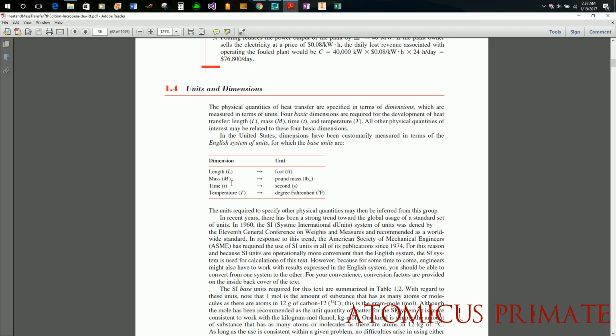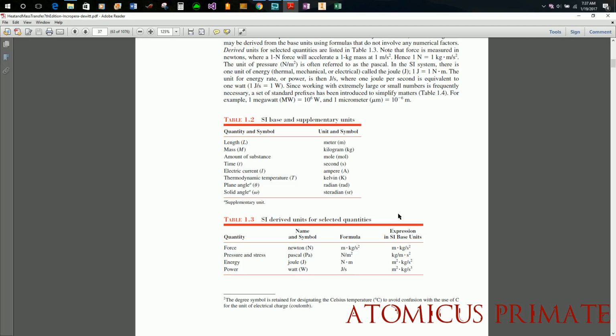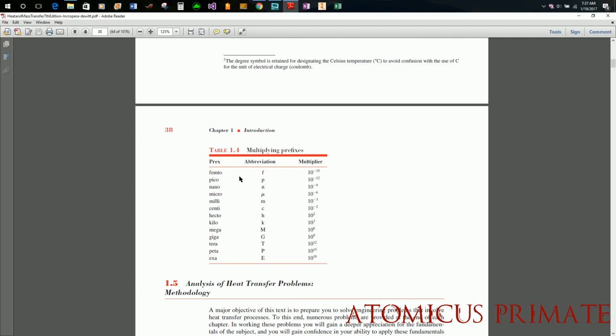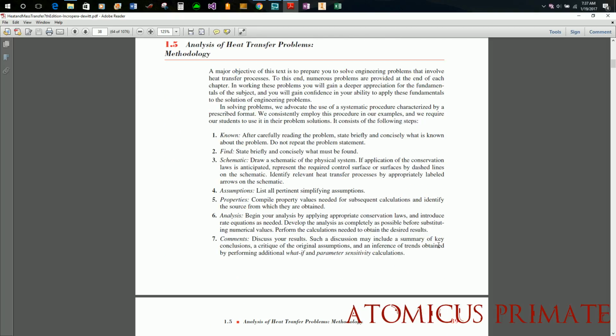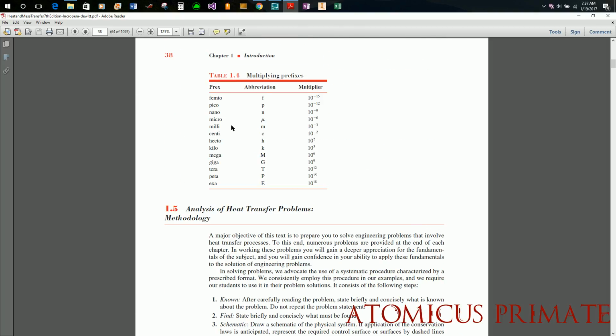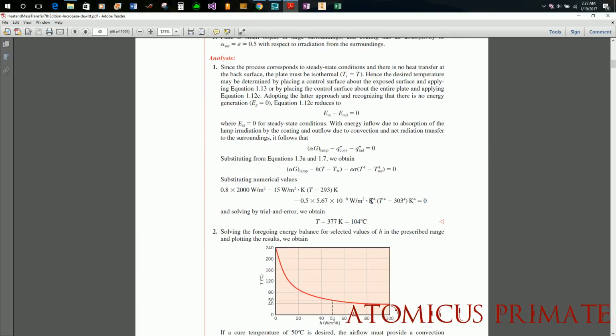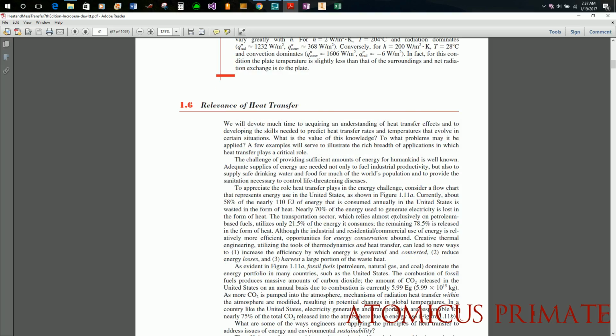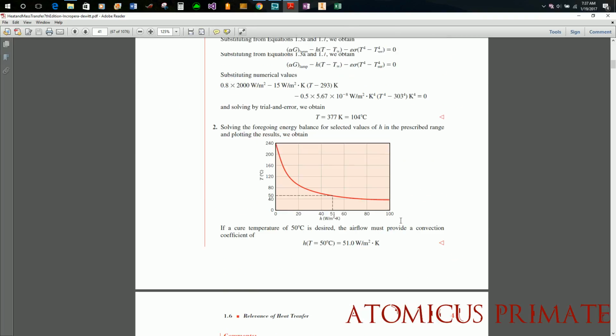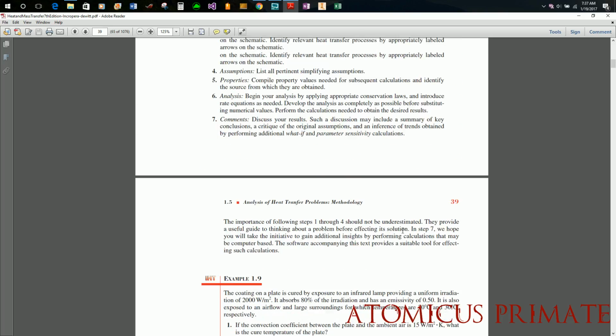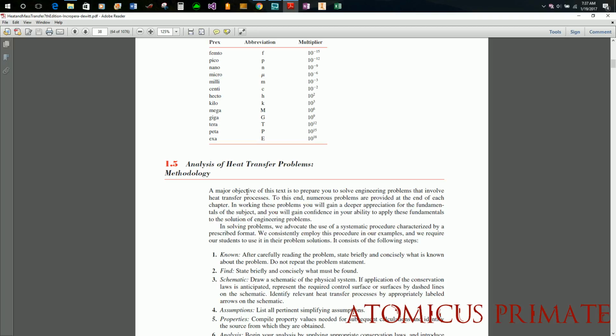Units and dimensions: length, mass, time, temperature. Definitely not reading this part. Exa, yeah, I thought that's what that E was. We saw an E earlier. And mu. Anyways. 1.6. I remember seeing 1.5. Analysis of heat transfer problems, methodology. I'm going to read that.